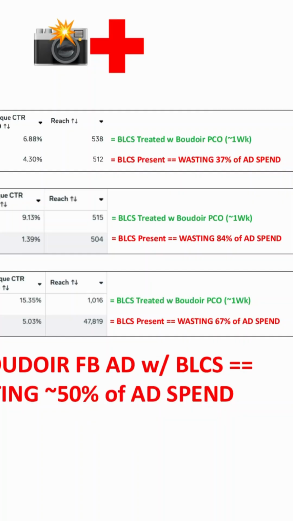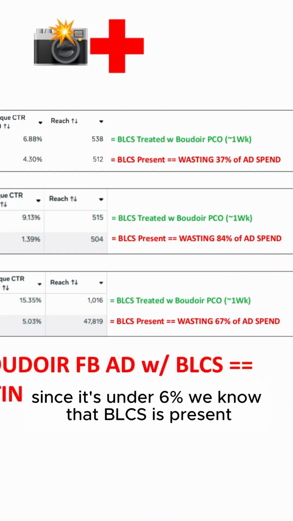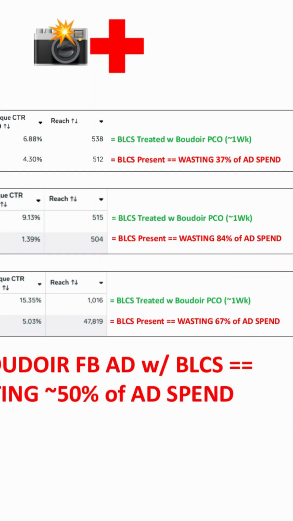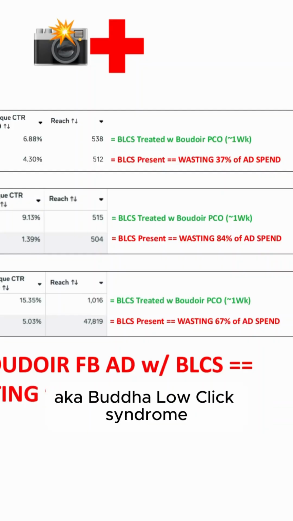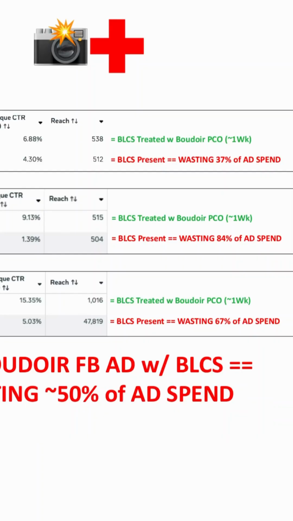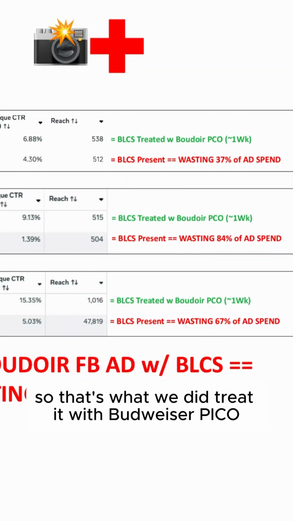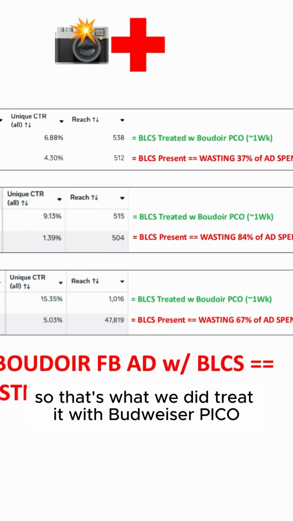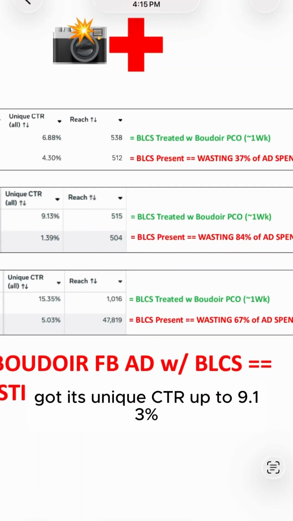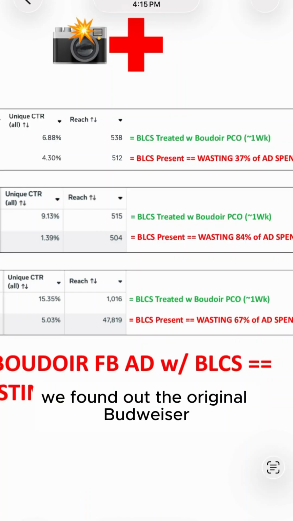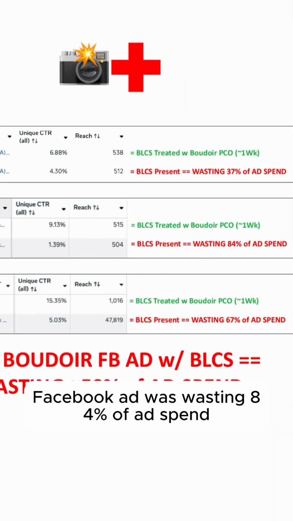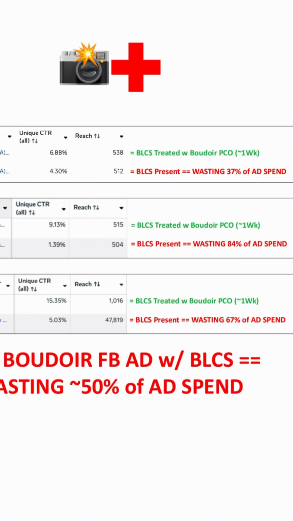Since it's under 6%, we know that BLCS is present, aka Boudoir low click syndrome, and as a result, we can treat it with Boudoir Pico. So that's what we did. Treated with Boudoir Pico, got its unique CTR up to 9.13%. So we found out the original Boudoir Facebook ad was wasting 84% of ad spend.